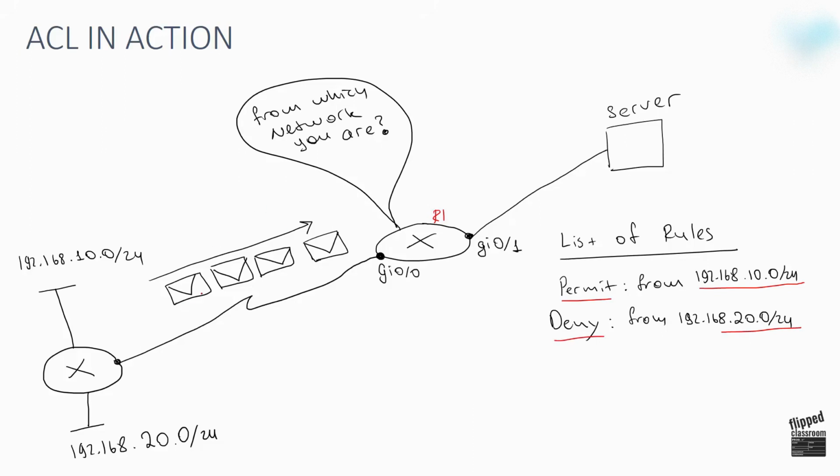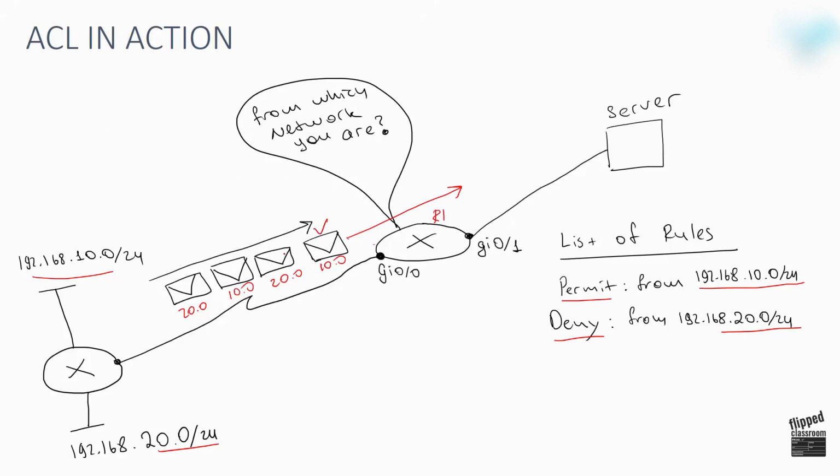Imagine that some of these packets are coming from the 10.0 network and this packet comes from the 20.0 network, and here we have these networks, guys. So this packet comes from 10.0, and if here we have the rule that the 10.0 packet will be able to pass, then it will be permitted.